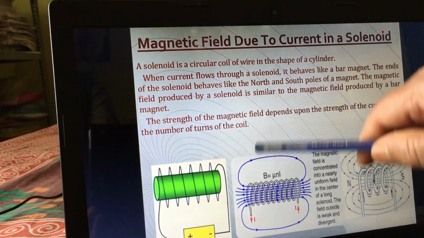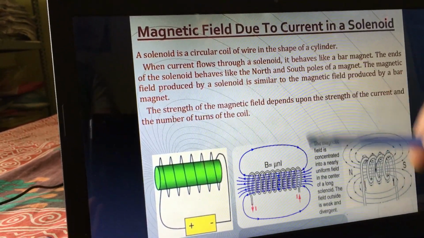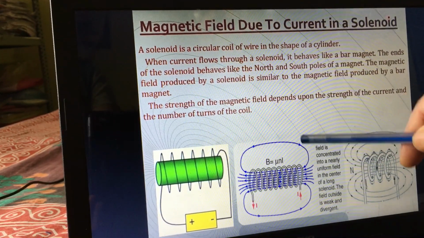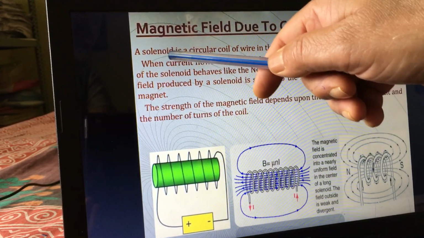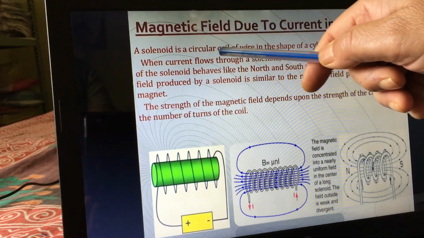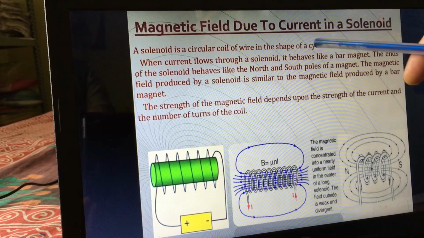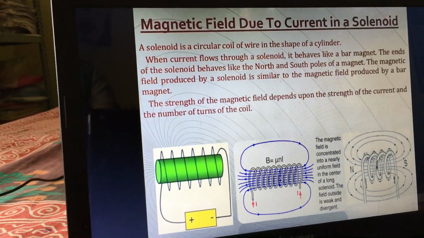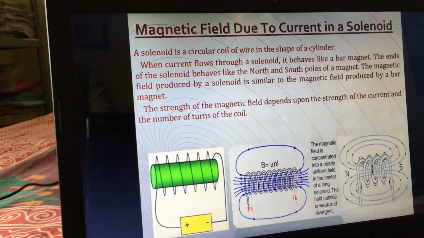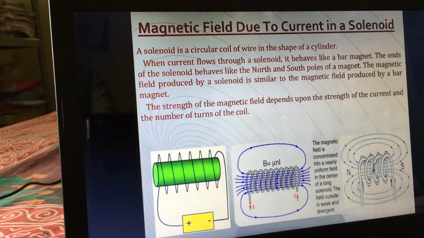And when a wire is wrapped in this shape, in the form of a cylinder having a large number of turns, then it is known as a solenoid. So what is a solenoid? A solenoid is a circular coil of wire in the shape of a cylinder having a large number of turns, and this is used in automobiles for the auto start of the engine.